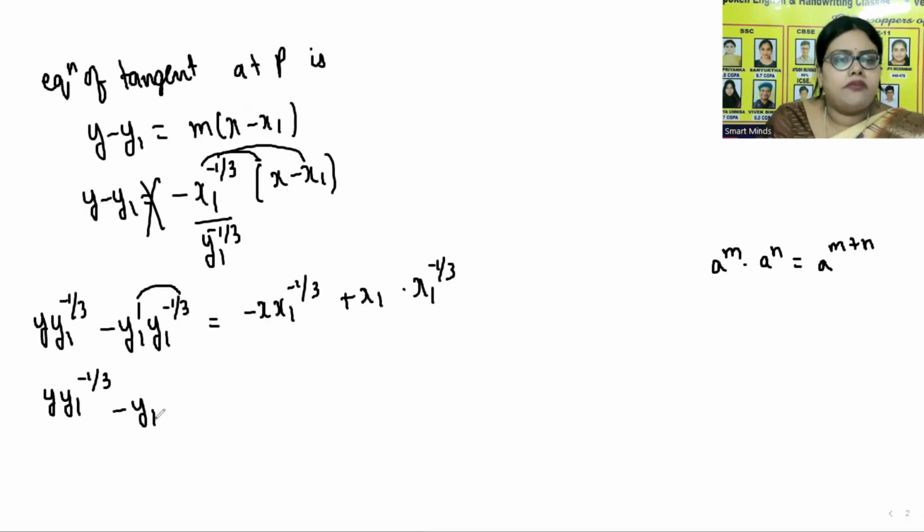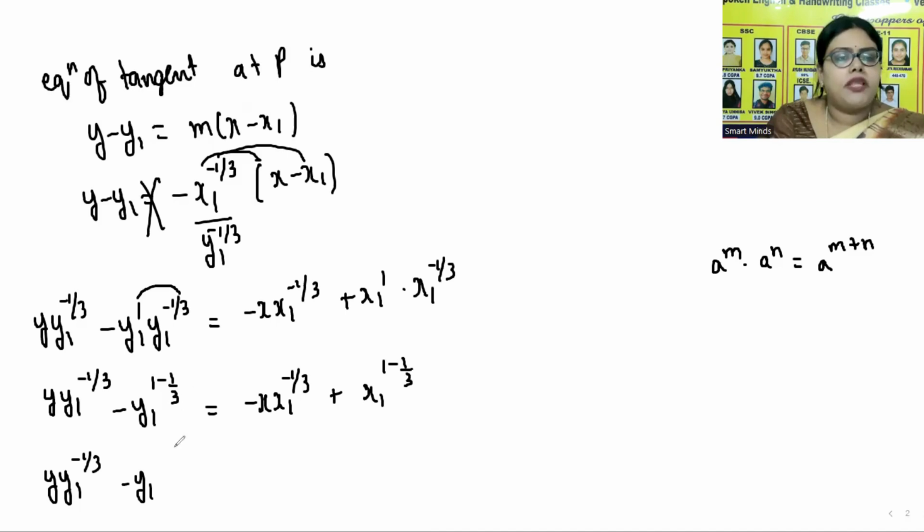So y1 power minus 1 by 3 into y, minus y1 into 1 minus 1 by 3, is equal to minus x into x1 power minus 1 by 3 plus, here also the bases are x1, you add the powers, x1 power 1 minus 1 by 3. So 1 minus 1 by 3 is 2 by 3. This is minus y1 power 2 by 3 is equal to minus x1 power minus 1 by 3 x plus x1 power 2 by 3.